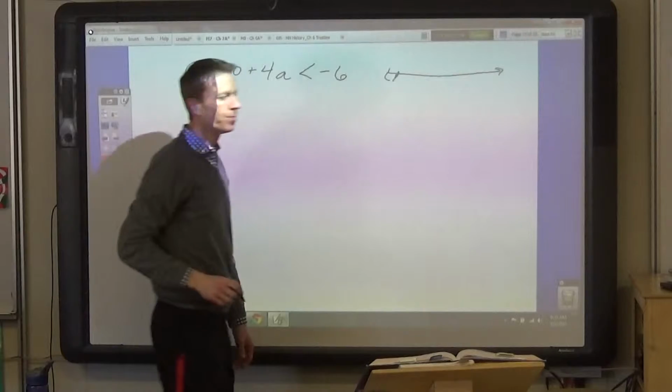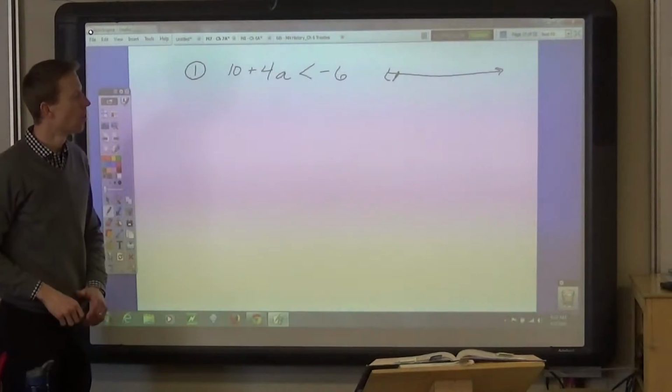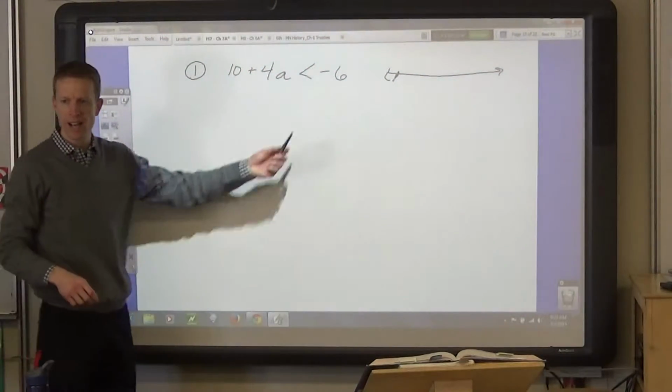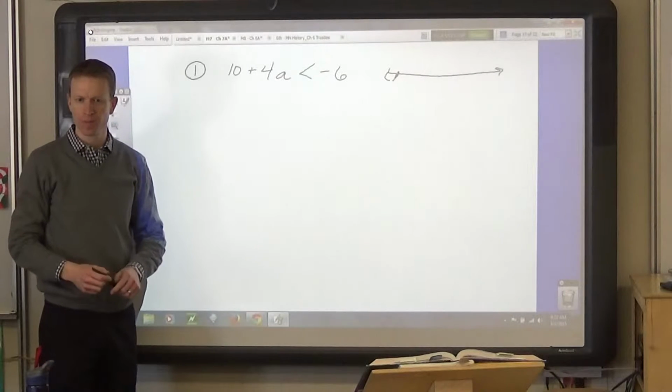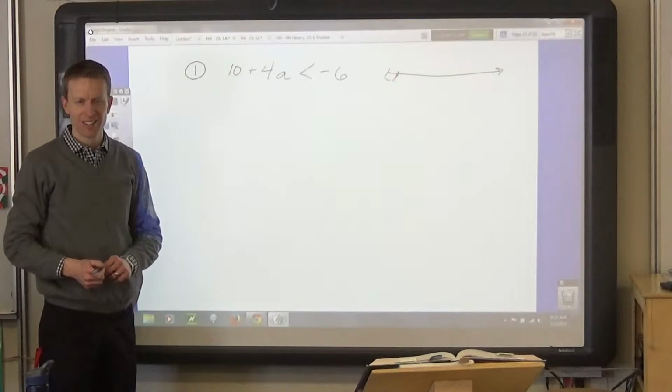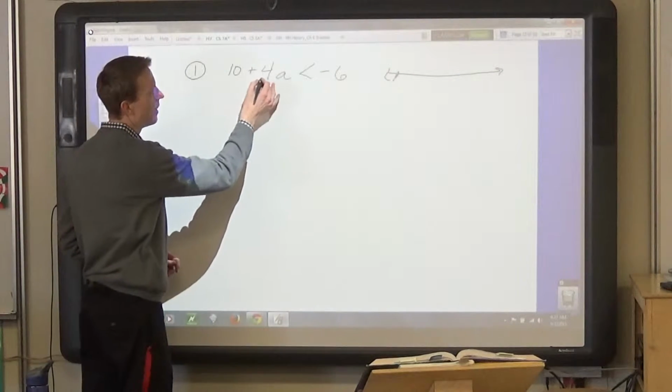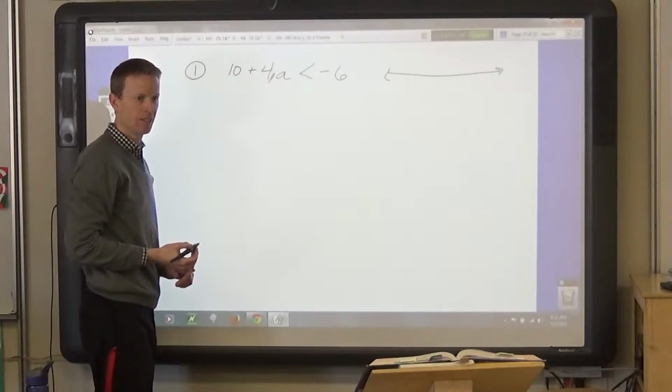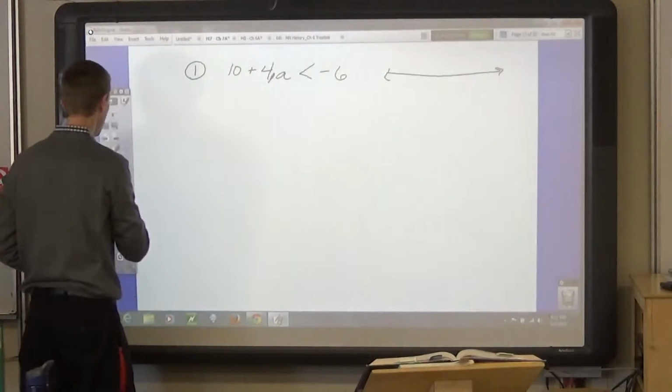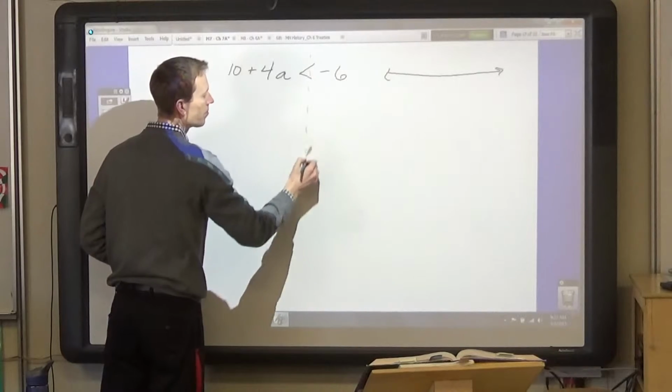Follow along now. Here's our number line. We have to solve this for a, right? So, we have to get the a by itself on this side, on the left side.